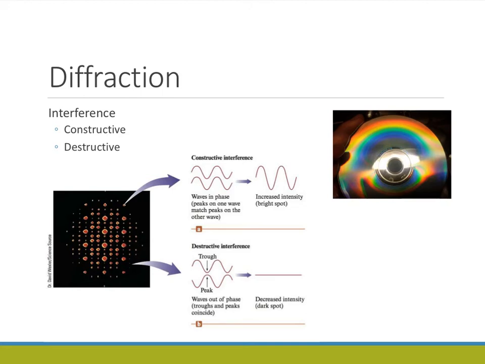So constructive interference is when we have two waves that are in phase such that the peaks line up with the peaks and the troughs line up with the troughs. What that does is it doubles the intensity. It's an increased bright spot that we would see. And then if we have destructive interference, this is when a trough and a peak come together. They cancel each other out, and we get a decreased intensity.